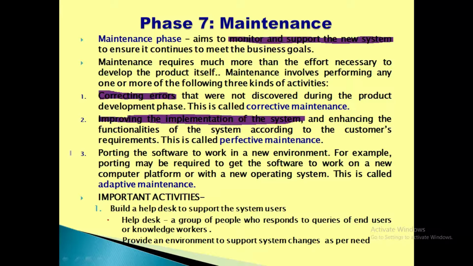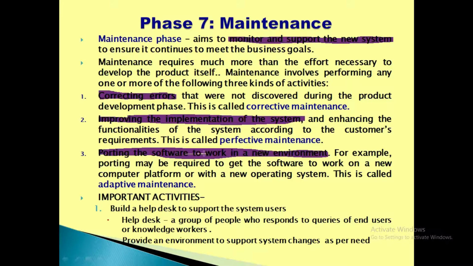Now what happens once the system is in use or it has been implemented, the users are using the system, and the users or the customers might find a few difficulties or can give their suggestions, or they will give their feedback, and to work upon their feedback and improve the implementation of the system is the perfective maintenance.